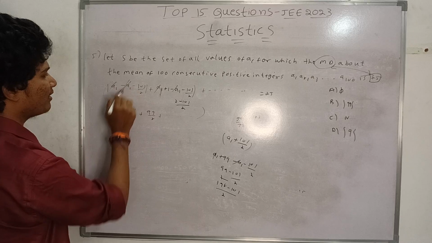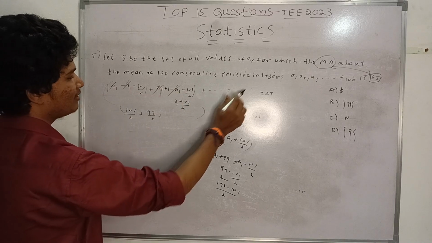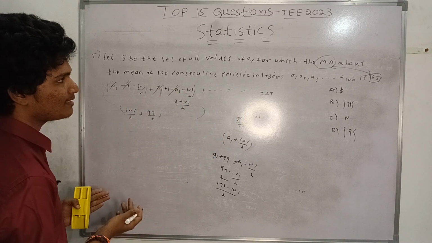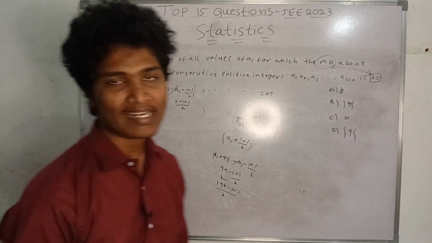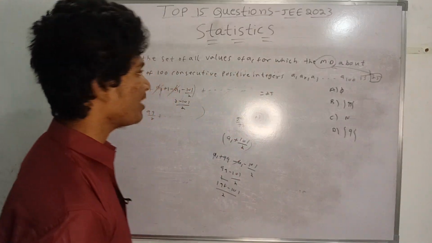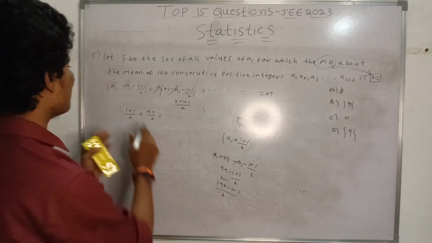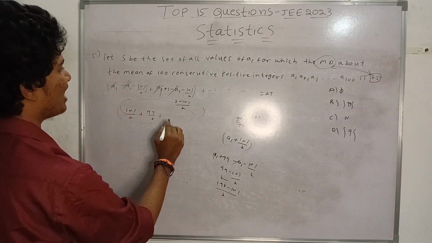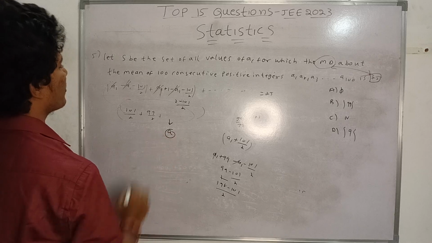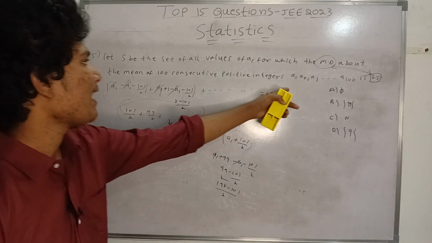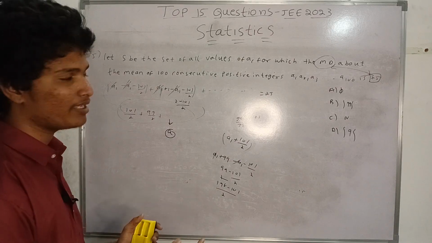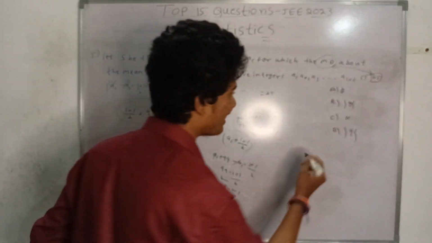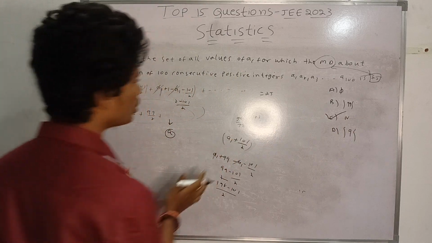Means here the A1 value is getting cancelled, and when you see this, what are the values of A? If A only gets cancelled, there is nothing here, means it is independent. That means the value is not depending on the value of A. The values of A here, that is A1, A2, A3, there is nothing which depends on them. So we can simply say for every natural number, this equation is true.